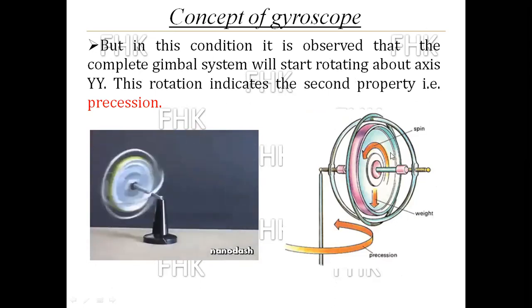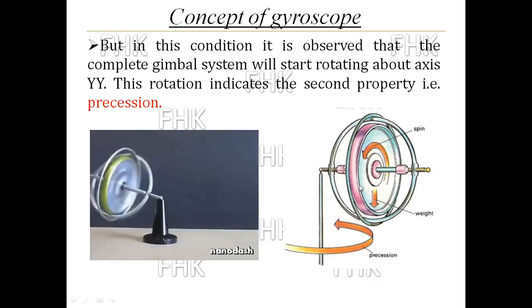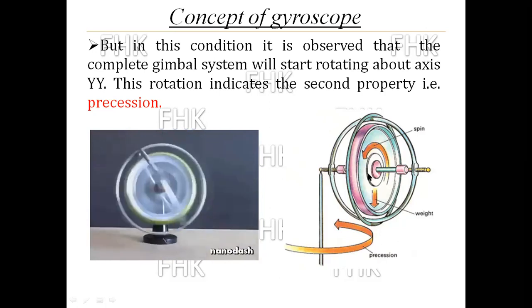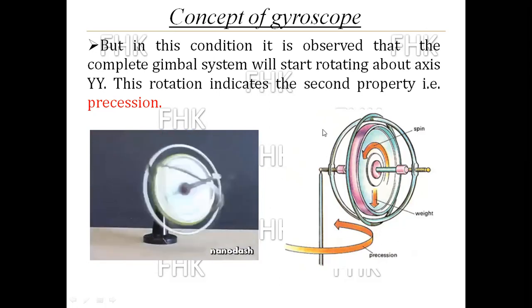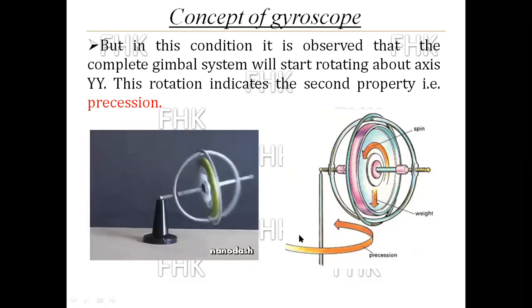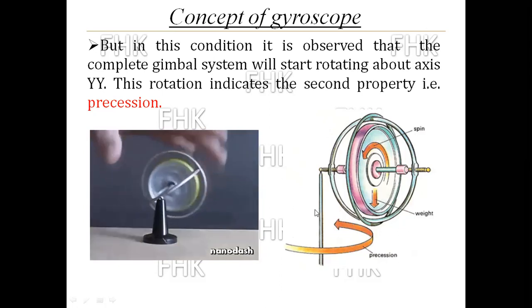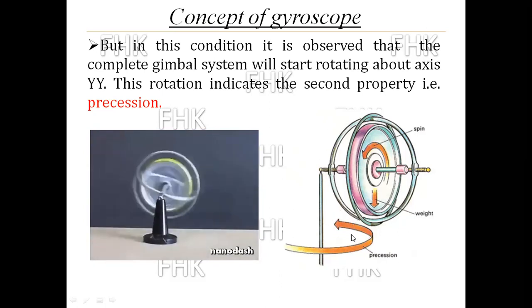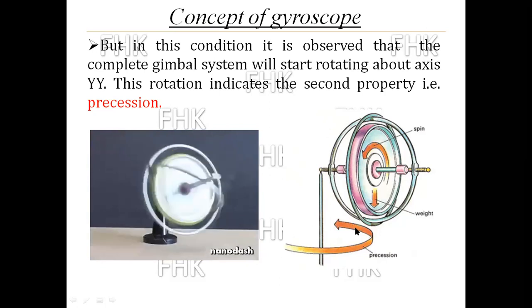So in this image you can see there are two rotations of the rotor. One is spinning on the horizontal axis, and the complete gyroscope is rotating about the vertical axis yy. So there is a second rotation of this complete gyroscope, and this rotation about the yy axis is called precession.